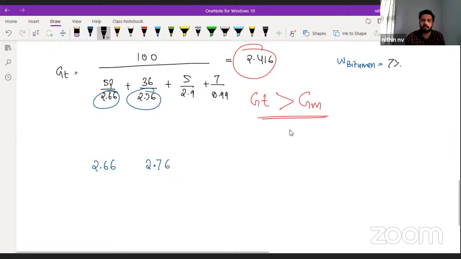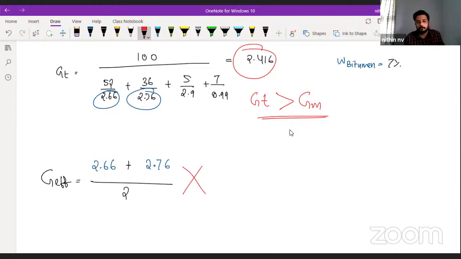So to calculate the effective specific gravity, can I simply take the average of those two? No, we can take it only if the quantity of both is the same. If I ask you the average velocity of 100 and 150, it is 125, because only one of each is there.